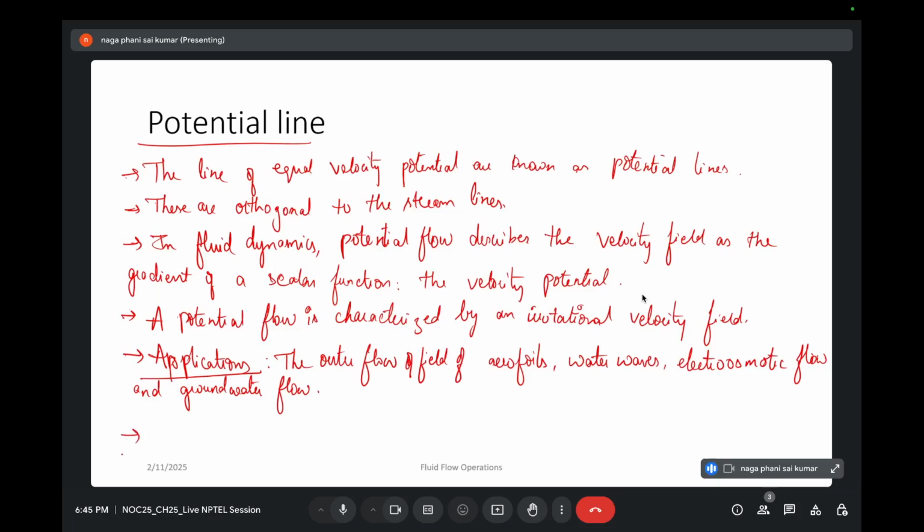These are the real life applications of potential flow, and also potential flow cannot be applied for viscous internal flows. Okay.